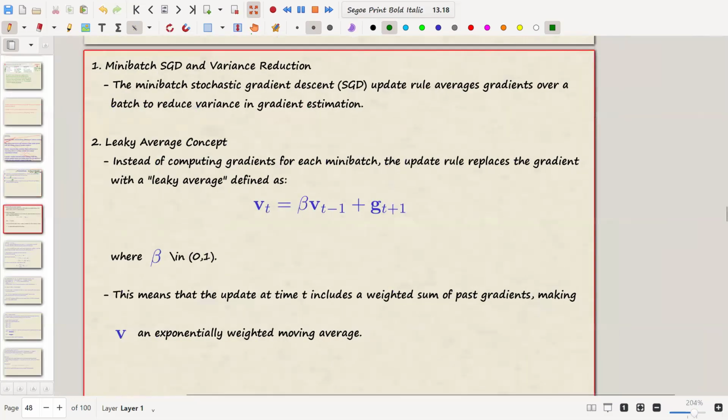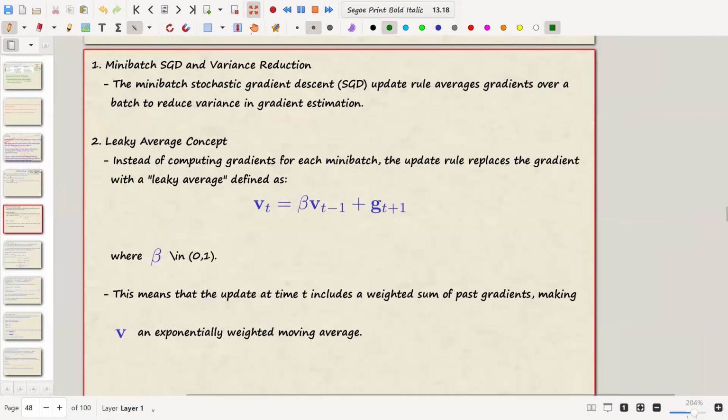We also saw mini-batch stochastic gradient descent and variance reduction in the gradient. The mini-batch stochastic gradient descent update rule averages the gradient over a batch, and that reduces the variance in your gradient computation. We saw that the variance in the gradient in mini-batch gradient descent is inversely proportional to the batch size.